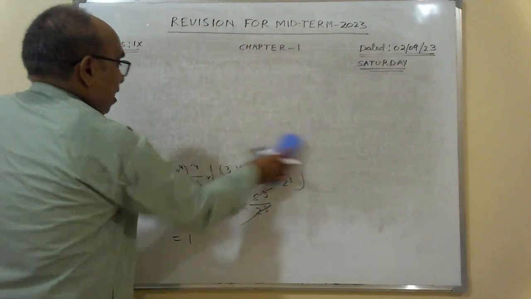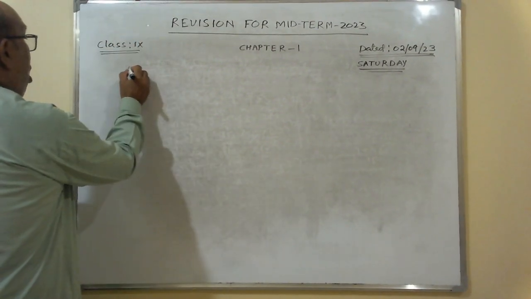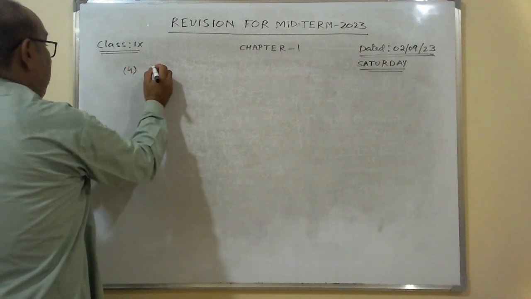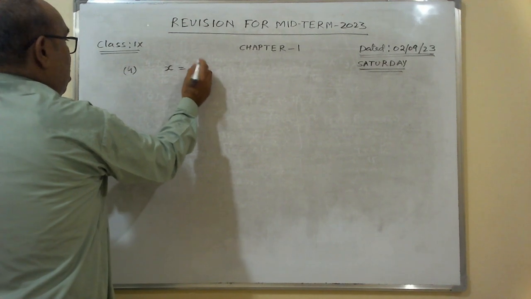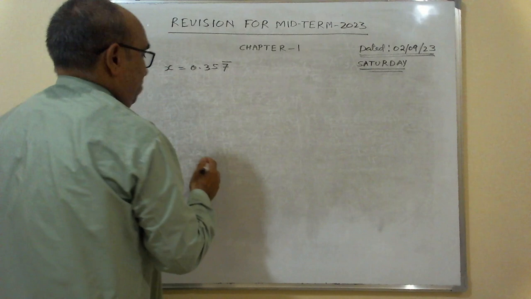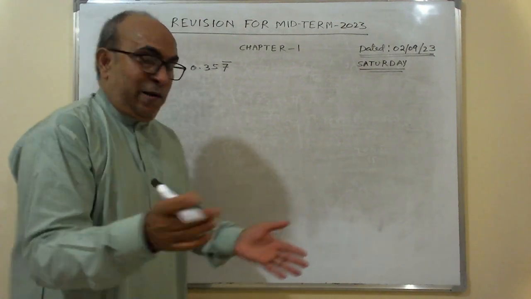So the next question is, express the given number in the form of p by q. It is a non-terminating repeating decimal. So x equal to 0.357 bar. First we will write it without bar.